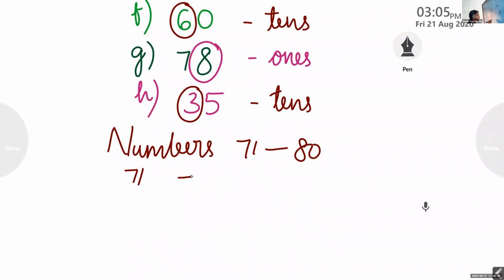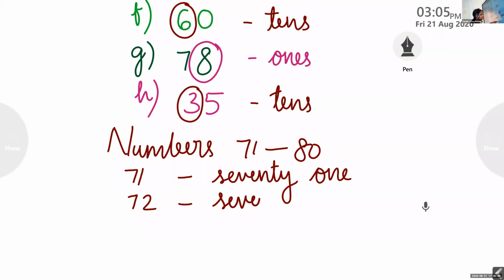So we can write the spelling: SEVENTY ONE, 71. Next we have 72. SEVENTY TWO, 72.